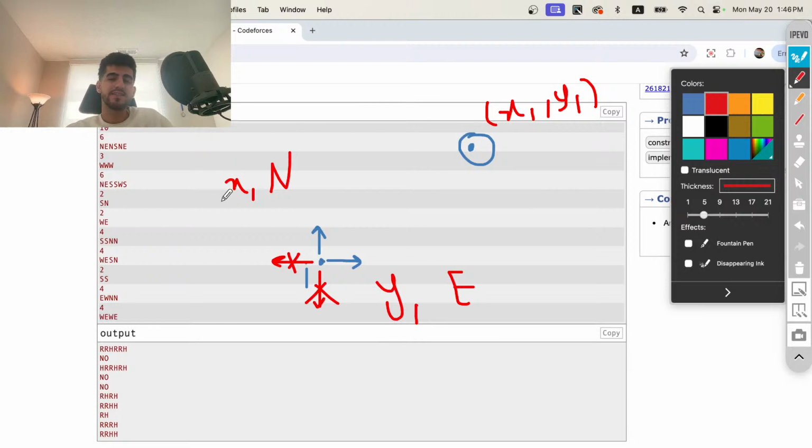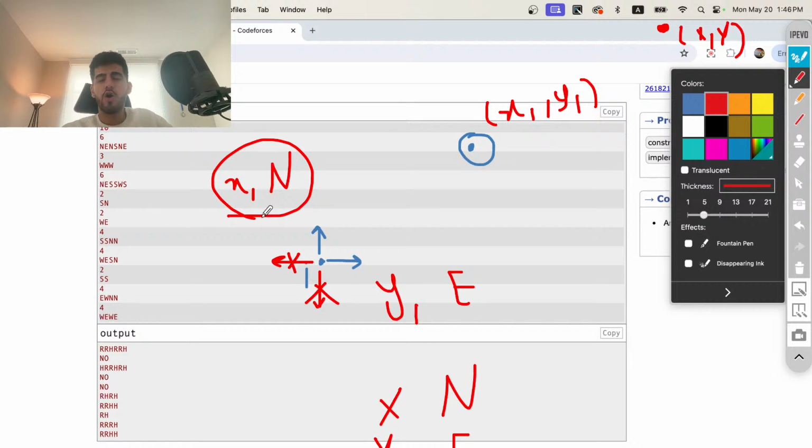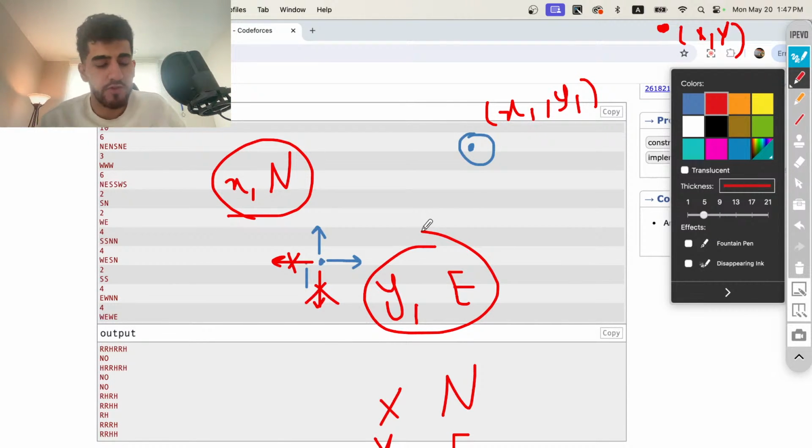So we had at least twice of these norths and easts, because the sum of everything was capital X and capital Y. So we had at least capital X norths and capital Y easts, which is greater than x1 and y1. So all we are doing is to take x1 north moves and y1 east moves. That's all.